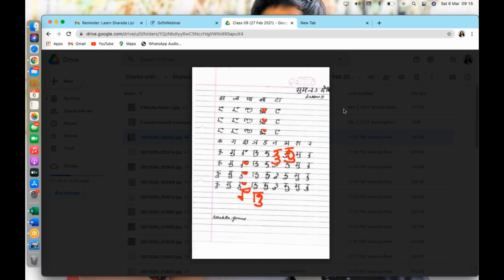If you see this particular curve that is drawn as a correction, I believe you probably missed that curve and just drew the two lines that are normally made for gya. But in gya, these two take the form of a curve here, like this. So I think that is the correction that is being made here.